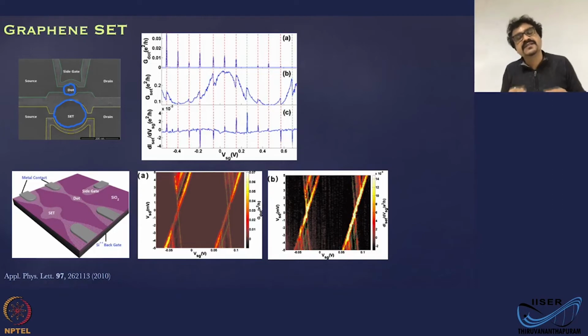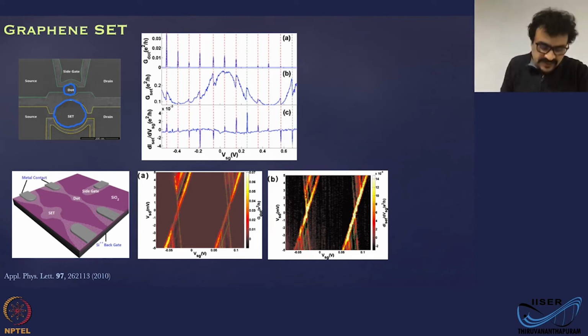As I discussed, single electron transistor generally refers to larger quantum dots, while the smaller quantum dot is the system under study, which you always call the quantum dot. And you have source and drain regions for the quantum dot here, and source and drain regions for the SET here. And this is a schematic diagram of these two device configurations.